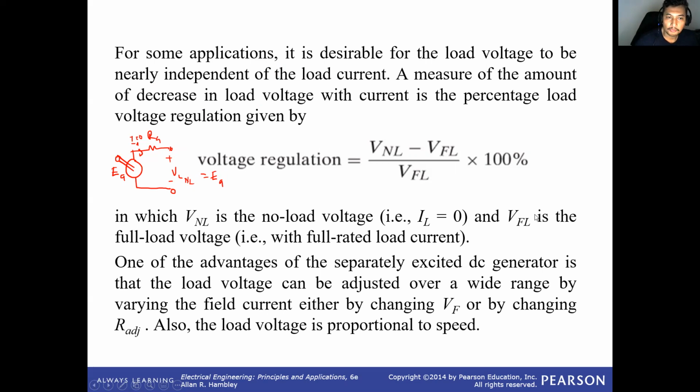And V full load is the voltage VL across the terminals when you connect a full load, which is 100% of its rated value. From here you will see that the voltage VL is equal to EA minus IA RA.